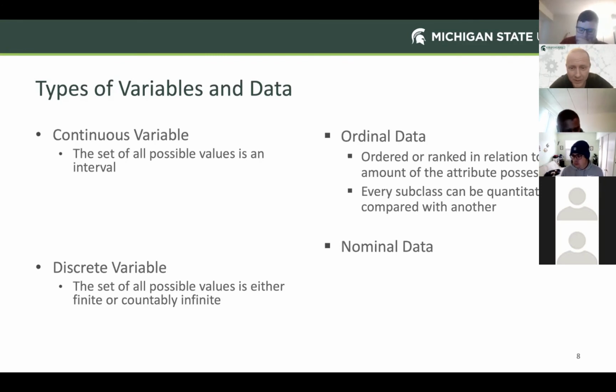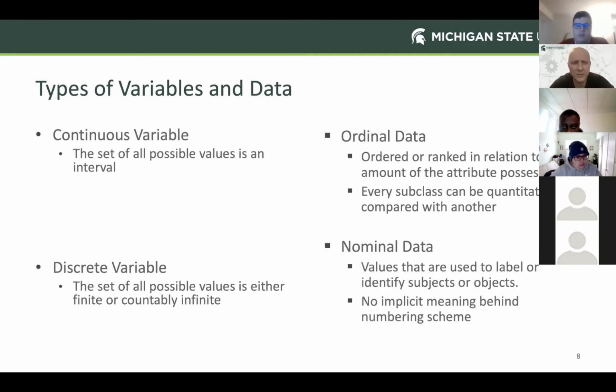So larger numbers are indicative of higher speeds, and that's unambiguous. So 55 miles per hour is always greater than 54 miles per hour. And there are a wide range. Most of the time when we think about data analyses, we're typically, at least in the early stages of statistical analysis courses, talking about ordinal data.